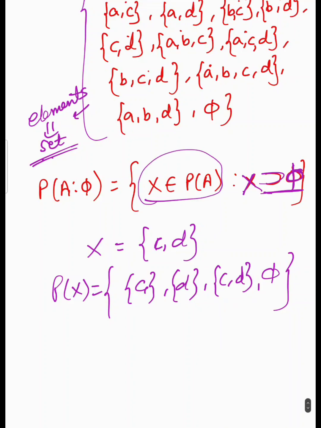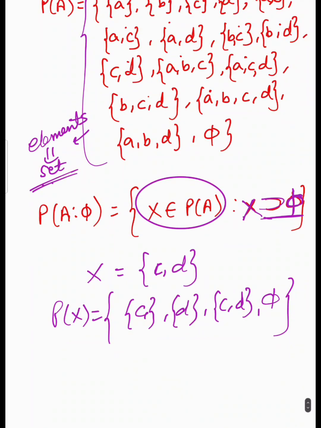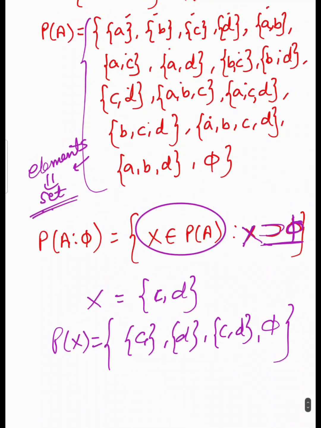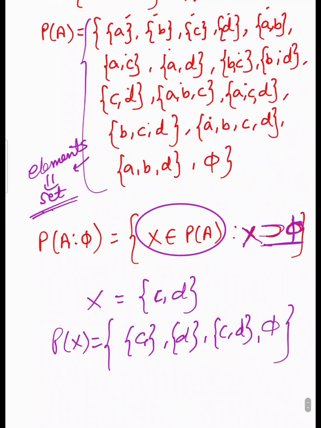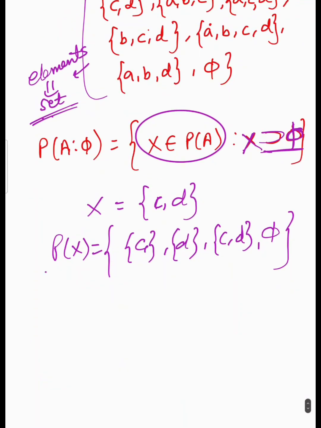X is an element of P of A, meaning the power set of A. And all the X's in P of A will themselves be sets. All the elements in P of A are themselves sets, and if we write the subsets of these, then we will definitely get phi, because phi is the subset of every set.